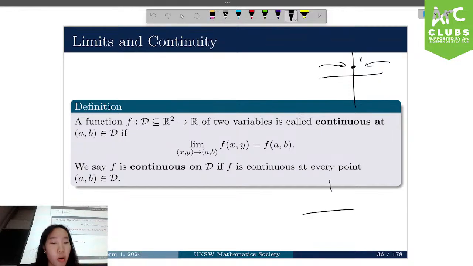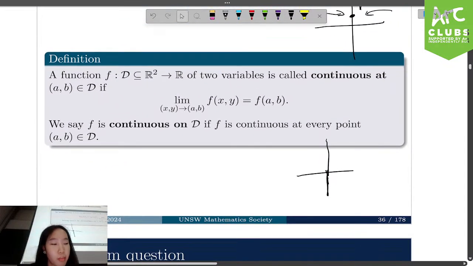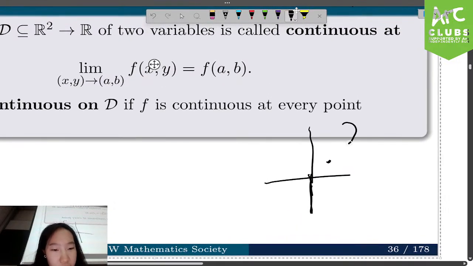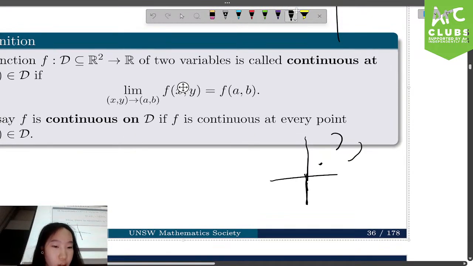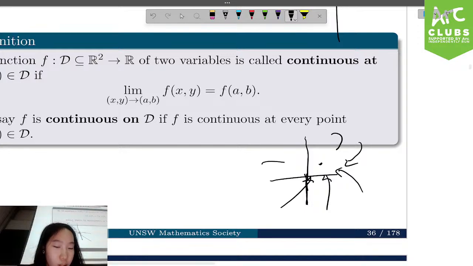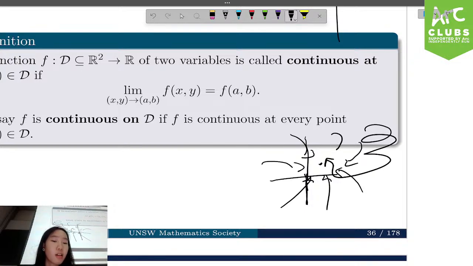But in the two-dimension case, the three-dimension case, or even higher, we can approach a point from infinitely many directions, infinitely many curves. Approaching that point from a lot of curves, or even some crazy curves.